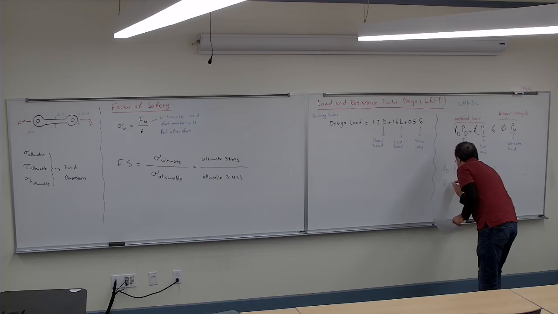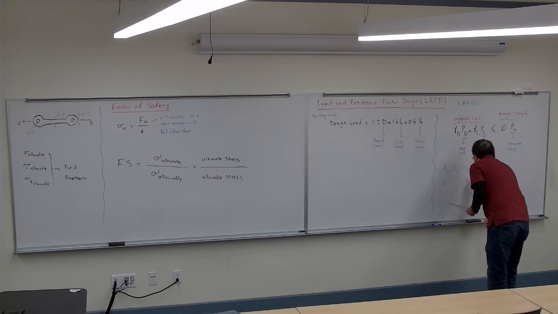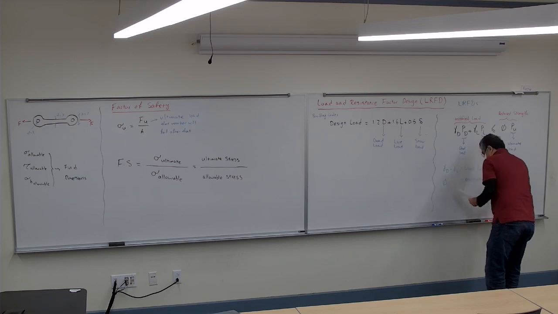Phi is the resistance factor and usually less than 1.